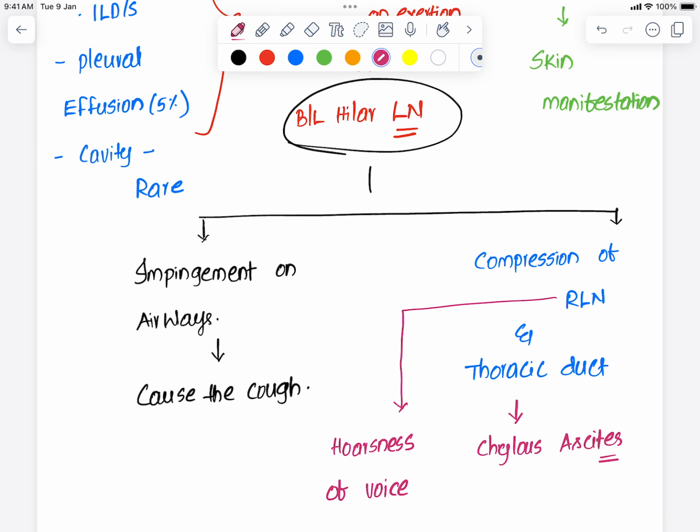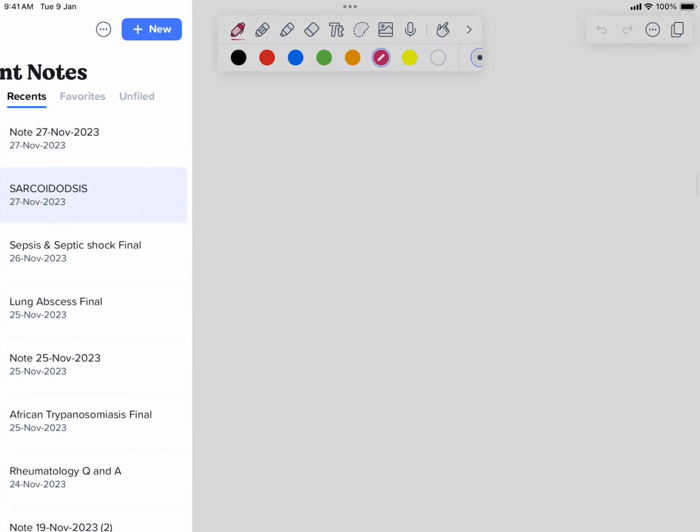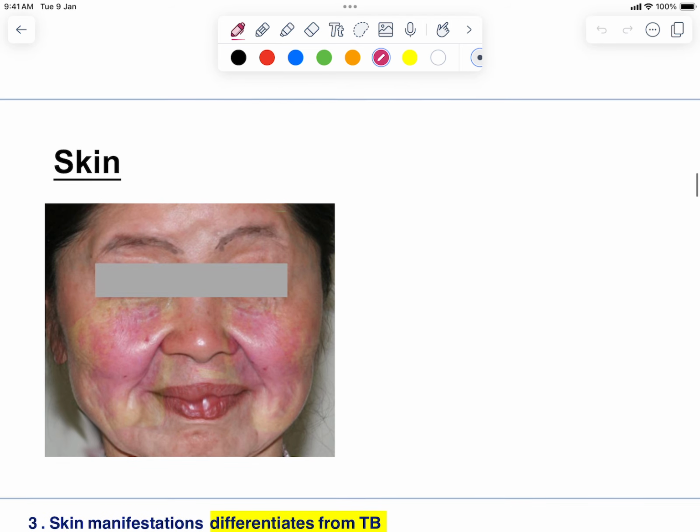Now let me discuss the skin manifestation. The skin manifestation in these patients will help us differentiate sarcoidosis from tuberculosis. We call this lupus pernio, and it is observed over the face.